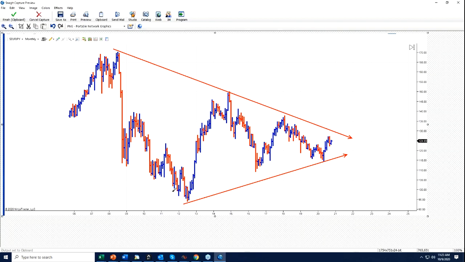I could make the case that this is a double bottom, but if I see a double bottom, I don't want to see a case of lower highs after that. So again, I think this is very tricky. We could have another thrust maybe back up to the 130 area.